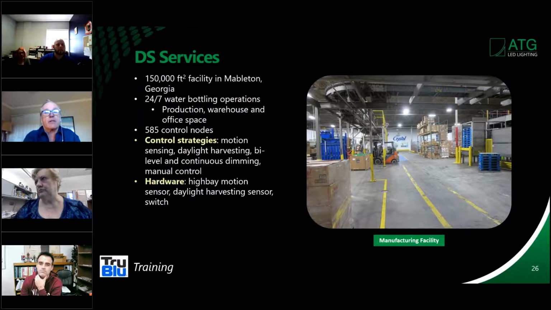It was a 24/7 facility for water bottling operations, and they employed over 585 control nodes with a variety of different strategies, including motion sensing, daylight harvesting, bi-level, and continuous dimming, which, as I mentioned, is important because sometimes bi-level dimming is not preferred. You need continuous dimming. And in terms of the hardware, it was pretty much the same hardware, the high bay motion sensors, daylight harvesting, etc.